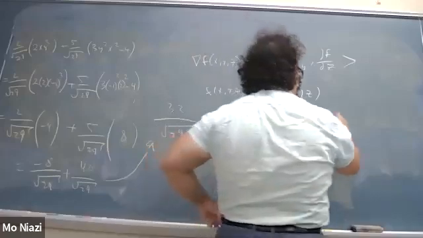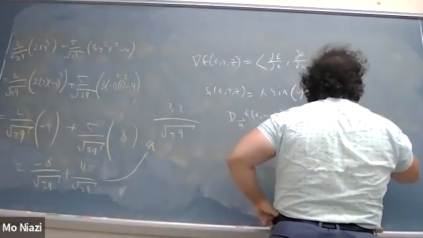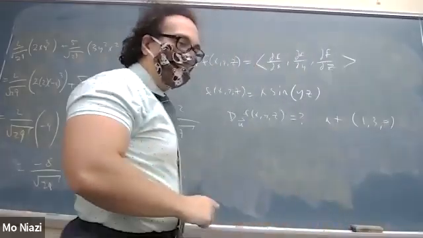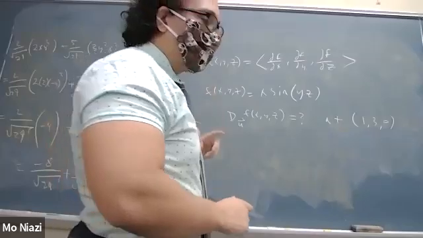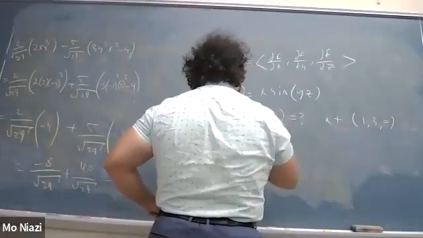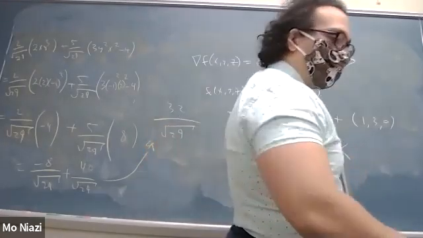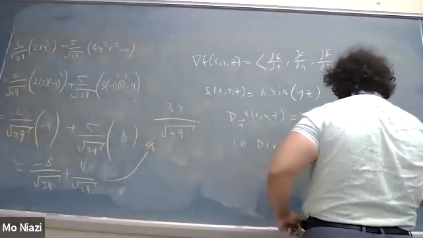Let's say at the point (1, 3, 0), in the direction of a vector v, let's say (1, 2, -1).